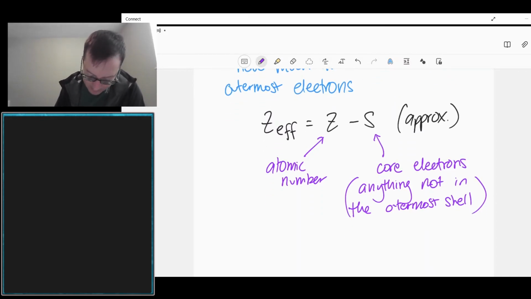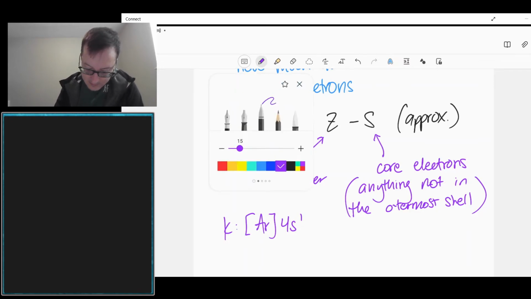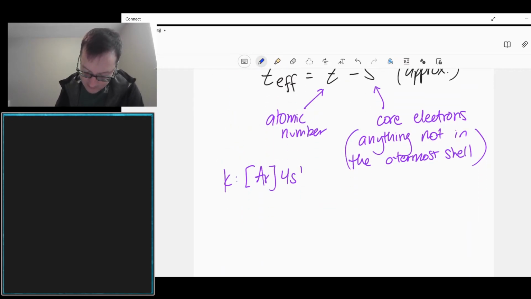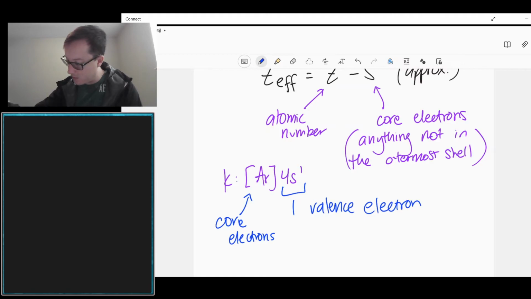For example, if we take potassium, potassium is what? Argon 4s1. I need to check my periodic table. Yeah, argon. Okay, so yes, argon 4s1. Thankfully for us, the noble gas electron configuration tells us already we have one valence electron, and all of these are core electrons. And potassium has an atomic number of 19.